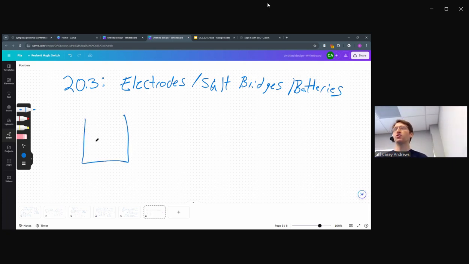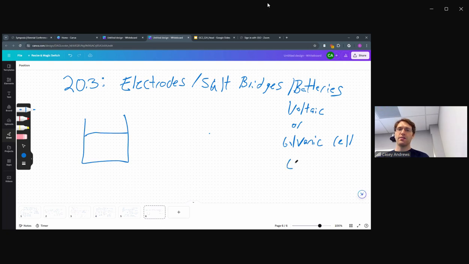What I'm gonna draw is the most basic type of battery. It's also something that you make in lab as well. So I'm gonna make what's called a voltaic or galvanic cell. They basically mean the same thing.